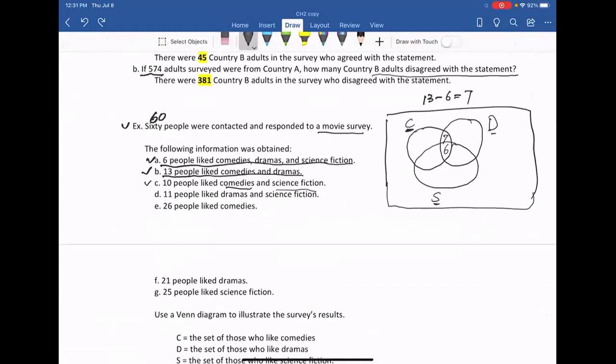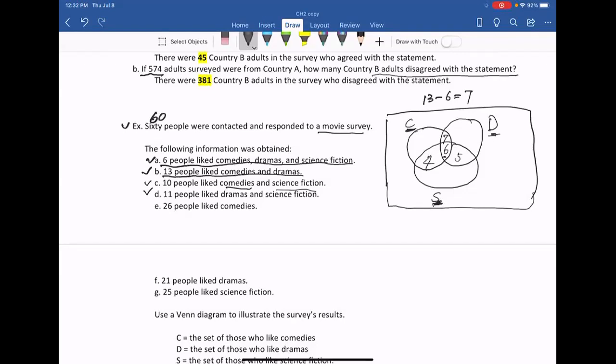People like comedies and science fiction, totally 10 people. So here is 10 minus 6, which is 4. Number D, 11 people like the drama and science fiction. The intersection equals 11. So 11 minus 6 is 5.